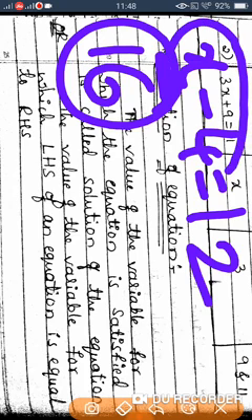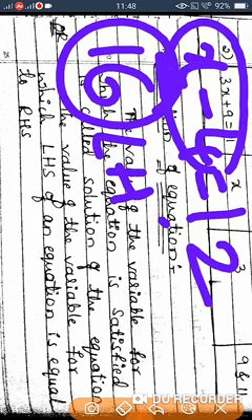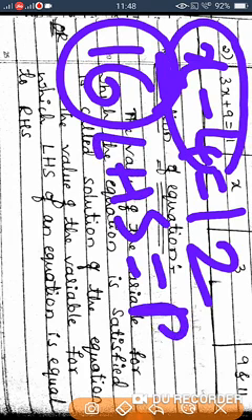this x minus 4 is the LHS, this 12 is the RHS. The value of the variable for which the left hand side of the equation is equal to the right hand side of the equation.